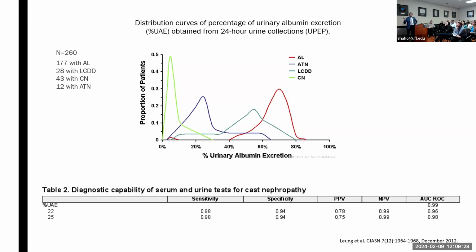And they plotted urine albumin excretion percentage in all patients. They had 260 patients: 177 with amyloidosis, 28 with light chain deposition disease, 43 with cast nephropathy, and 12 with ATN. They didn't report urine output in any of that. If we see the distribution of urine albumin excretion, light chain cast nephropathy patients have significantly low urine albumin excretion percentage-wise, even less than ATN patients, while patients with light chain deposition disease and amyloidosis have significantly high albumin levels.